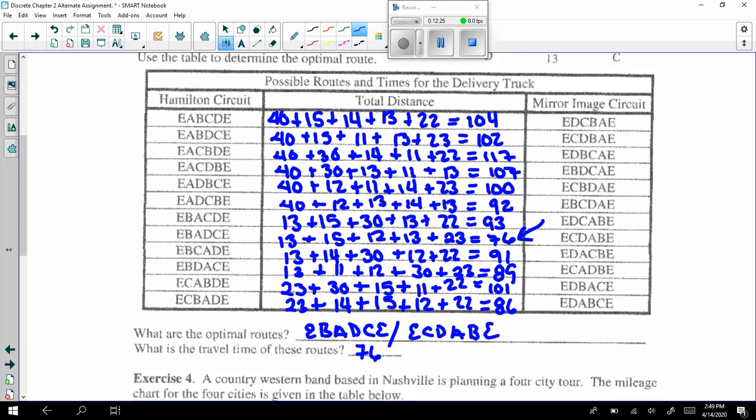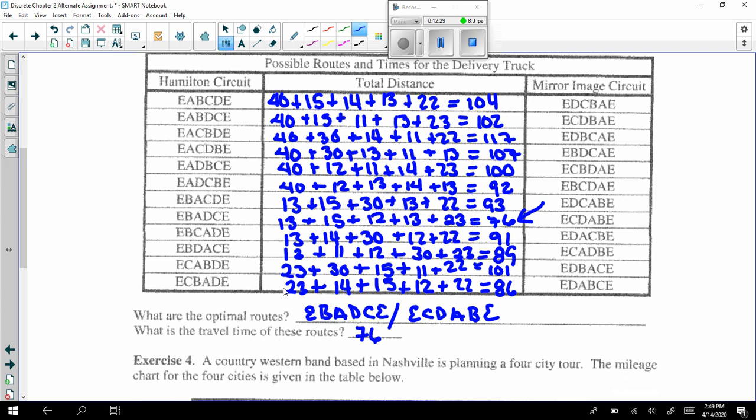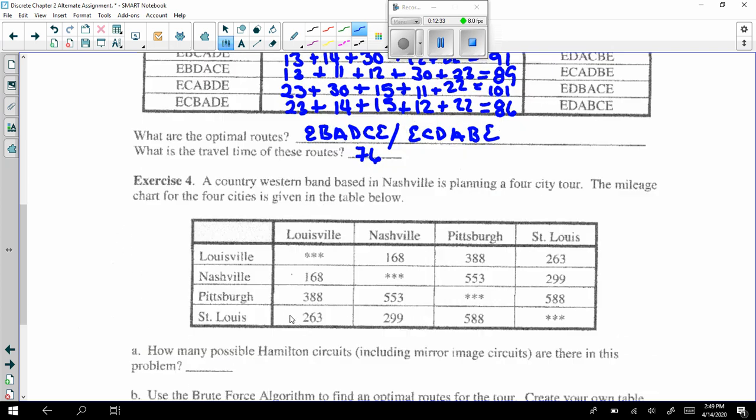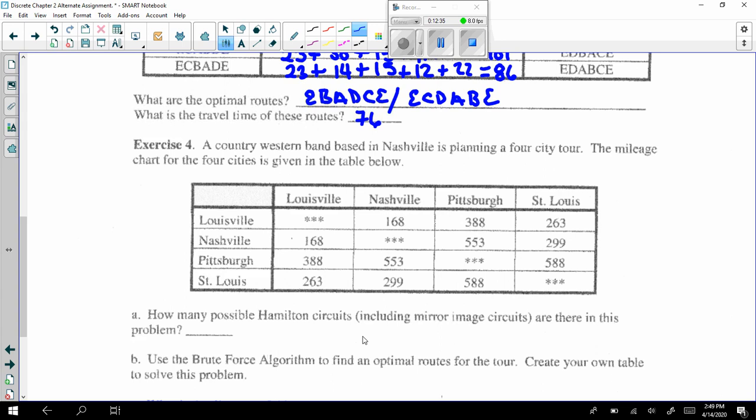So what we do here is, what about when we're trying to find an ultimate solution here? How many possible Hamiltonian circuits? So we have 4 possible vertices.